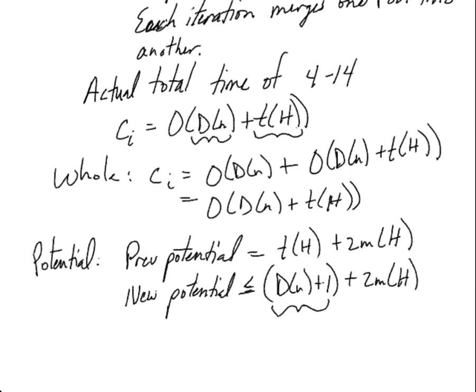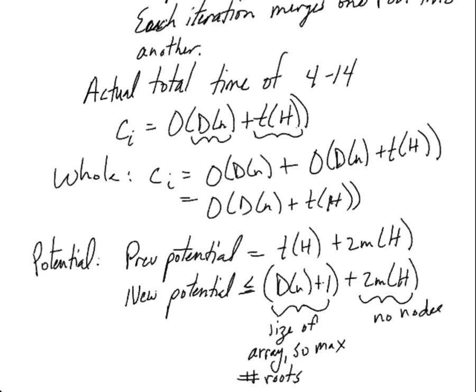This is the size of the array. So it's the max number of roots. So that's the new t of h right there. And here, no, we didn't mark any nodes. So that didn't change.